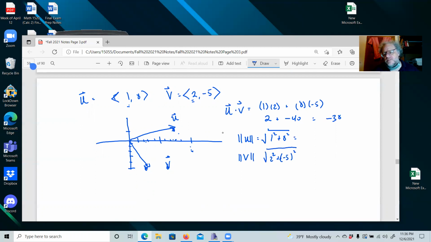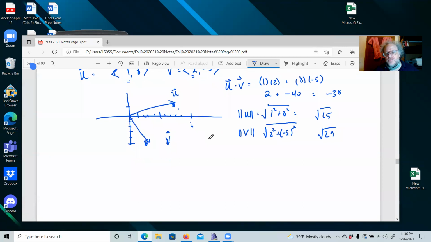Don't do this: when you have this -5 squared, it turns it into a positive. So this is 25 plus 4, which is the square root of 29. This one here is 64 plus 1, that's the square root of 65. So just be careful about the signs when you're taking your products.